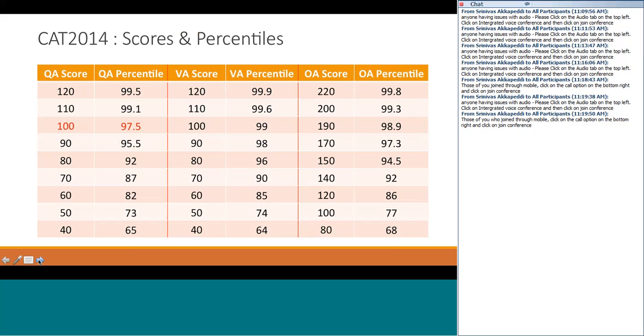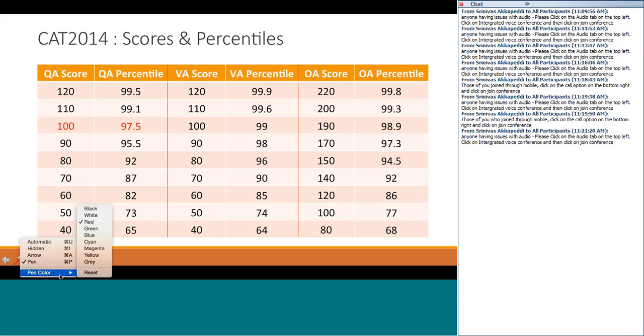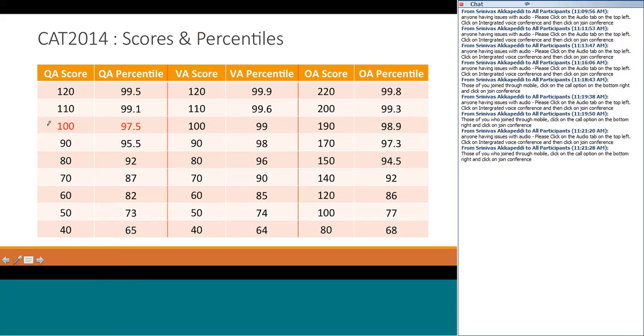Okay, so these are the scores of last year and the percentiles one would get depending on the scores. As you can see here, at 100 marks, if you get this in this section, you will get 97.5 percentile.